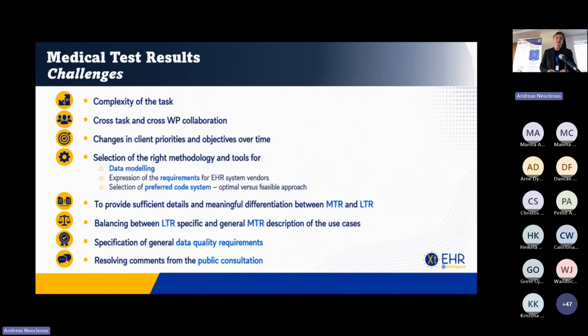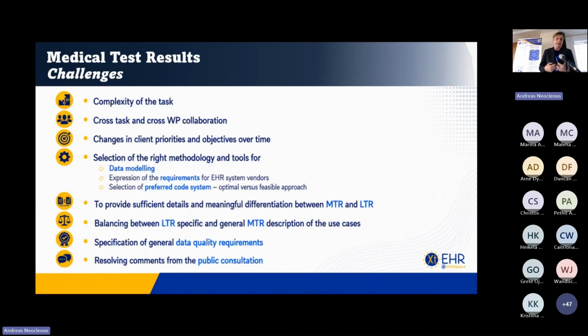And then we felt the need to also specify in our functional requirements some of the requirements that would fall into the category of data quality. And from the feedback from member states, some told us, you should not do that because that's a matter of the suppliers of the information solutions, and that's a matter of their customers, what they want to see. But we still left this part in our deliverable because we saw a clear foundation for this in the regulation, the data quality.